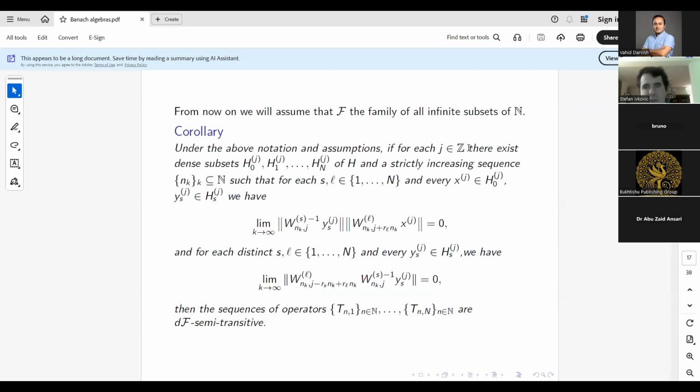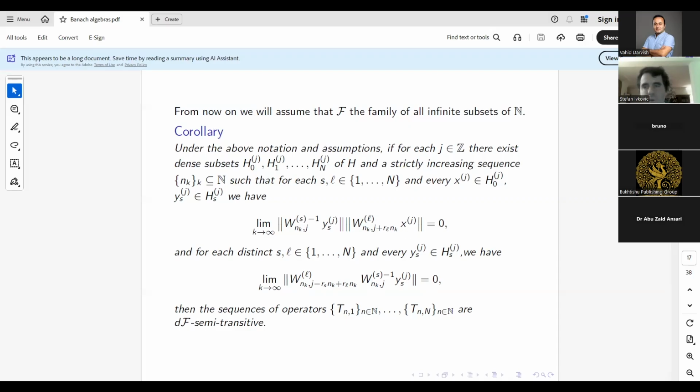If for each j in Z there exist dense subsets H_0j, H_1j up to H_nj of H, and a strictly increasing sequence n_k of natural numbers, such that for each S, L from 1 up to N, and every x_j in H_0j, and every y_sj in H_sj, this limit is 0 when k goes towards infinity, and also for each distinct S, L in 1 up to N, and every y_sj in H_sj, we have that this limit is 0 when k goes towards infinity, then these sequences of operators will be F semi-transitive.